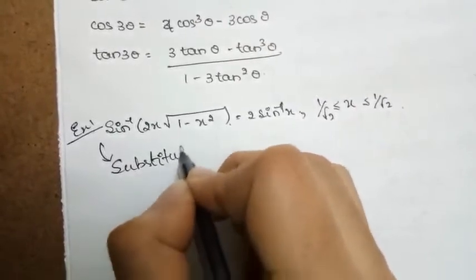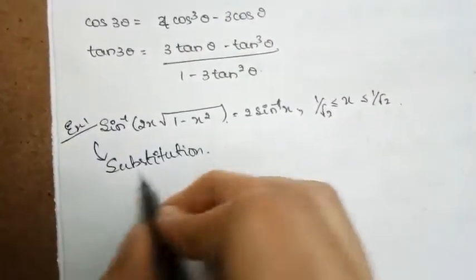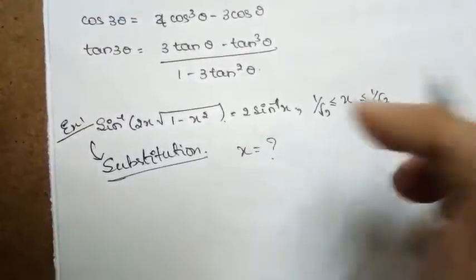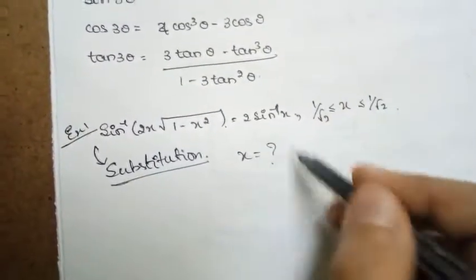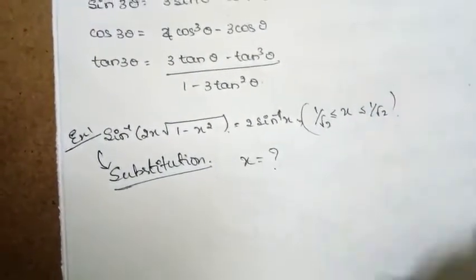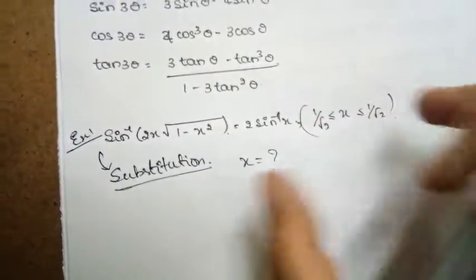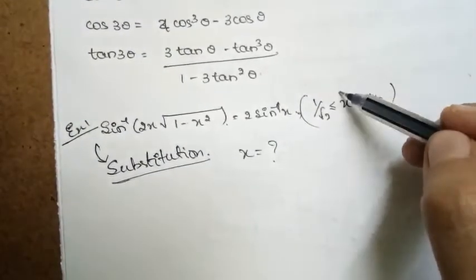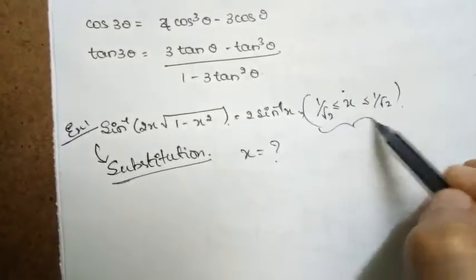You have seen some substitutions, where we take x is equal to some trigonometric function. How we are going to take it, and what is the role of these things, all these things in detail have not been given in your textbook, and they have not given importance to this concept either.